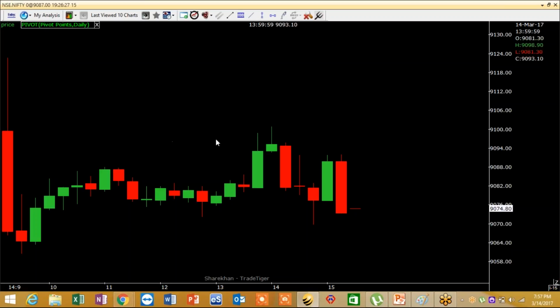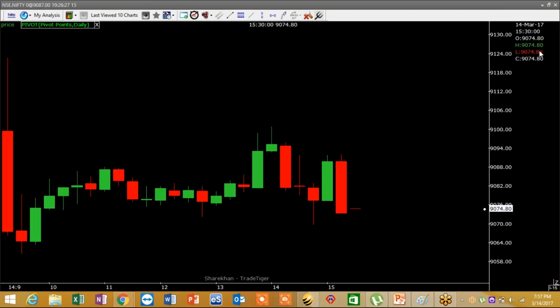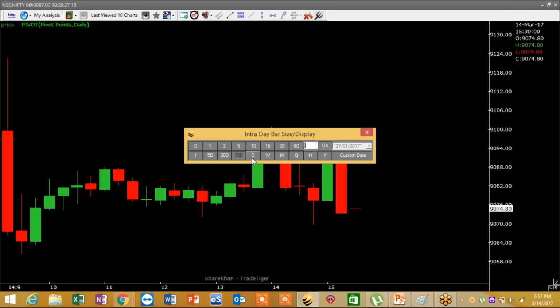This will show only today's data as we have selected intraday 15 minute. So let me show you. Let us see the daily chart of Nifty.